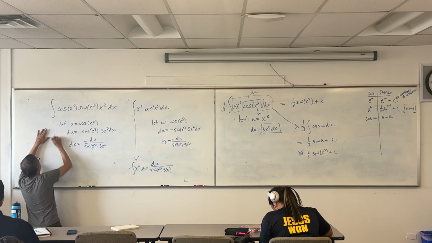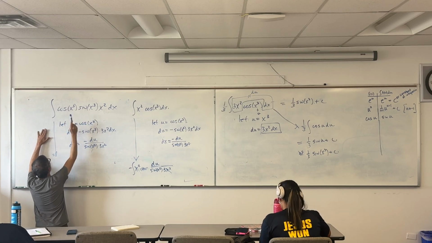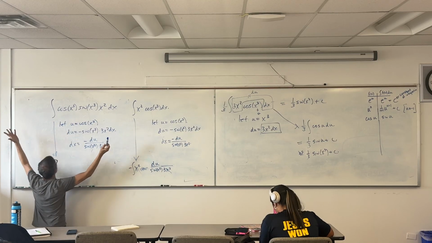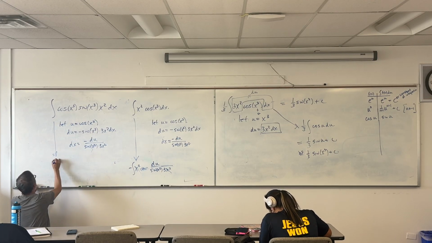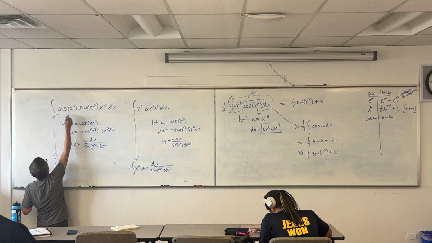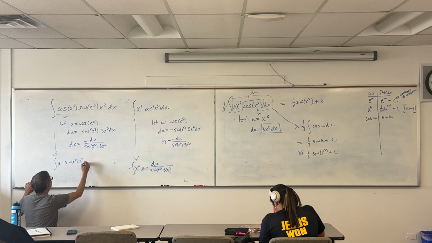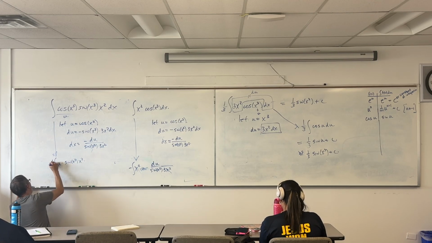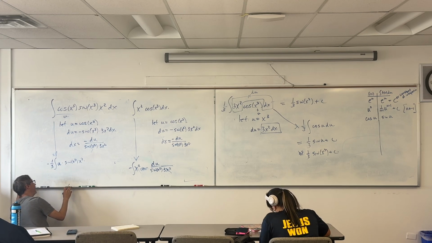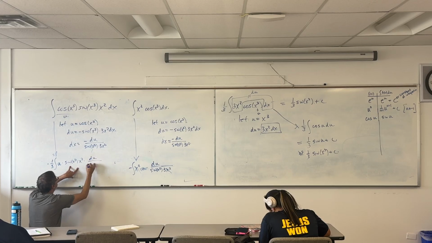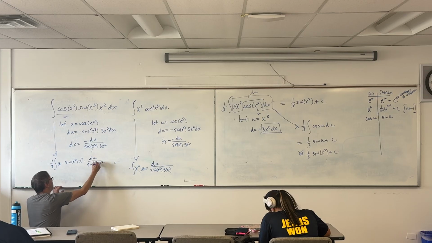Now let's do our substitution. We never addressed these two pieces, so we just let them hang around for the ride. We just said this is u. So I rewrite that whole cosine of x cubed as u. Then I've got sine of x cubed, x squared, and now my dx. I'll put the whole minus 1/3 out front. Here I've got du over sine of x cubed, x squared.